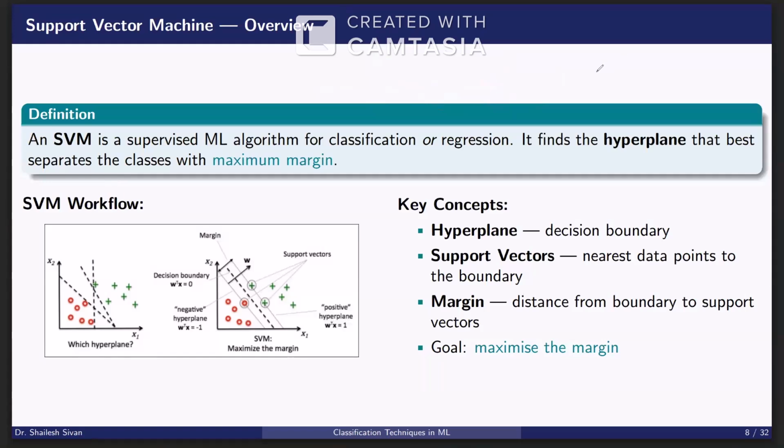But the thing is, if you have data like this, is this the right hyperplane, or is this the right hyperplane?